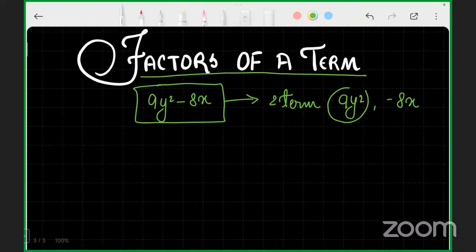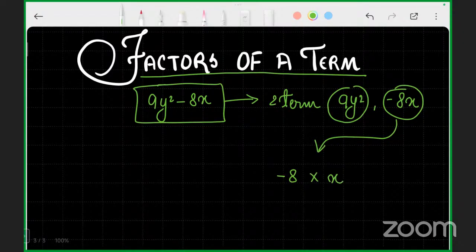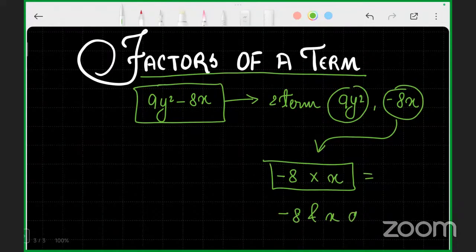The term negative 8x is made up of negative 8 times x, so we say negative 8 and x are the factors of this term.